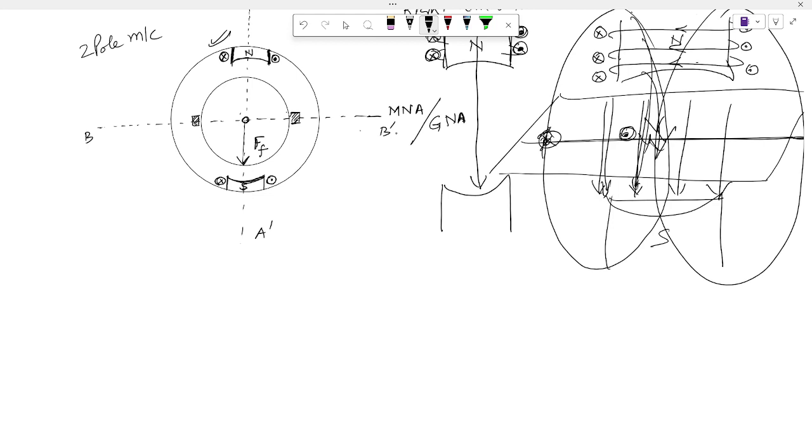For this, the machine is not loaded now. The machine is unloaded. Therefore, IA is almost equal to 0. So let us consider some conductors.